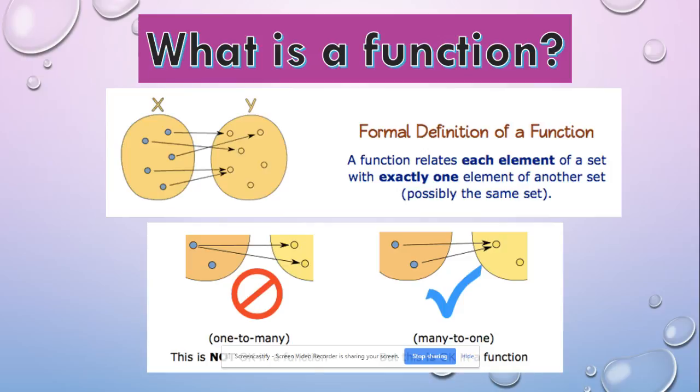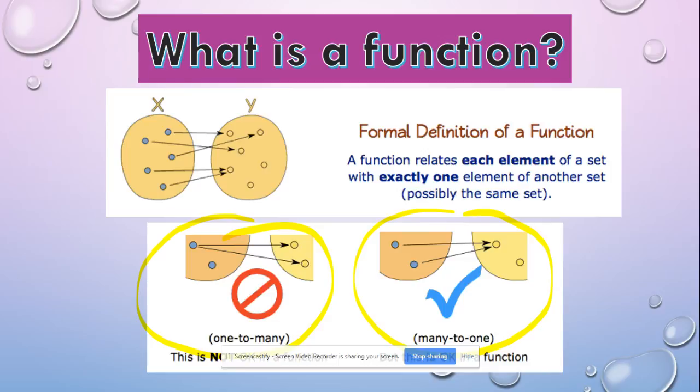The definition of a function is that a function relates each element of a set with exactly one element of another set. If we look in the examples down below, in the first picture, we do not have a function.